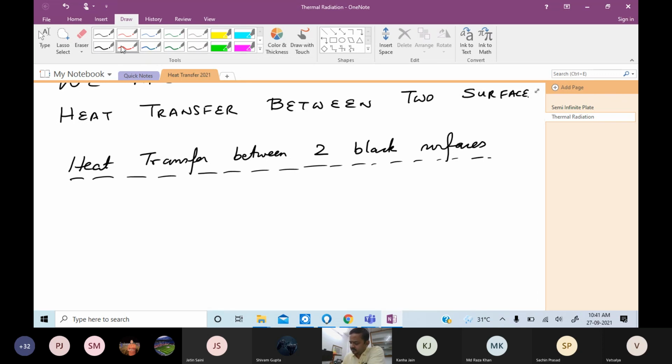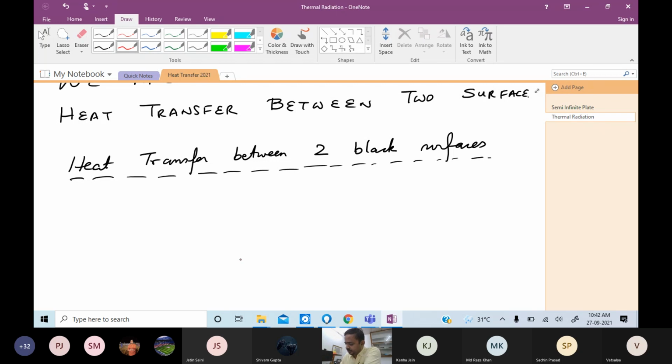To start with, let us assume the exchange between two surfaces, maybe this book and this book at a certain angle to each other. This one is also radiating and absorbing. This one is also radiating and absorbing. To start with, both are black surfaces, but at different temperatures. So what would be the net heat exchange between these two surfaces?